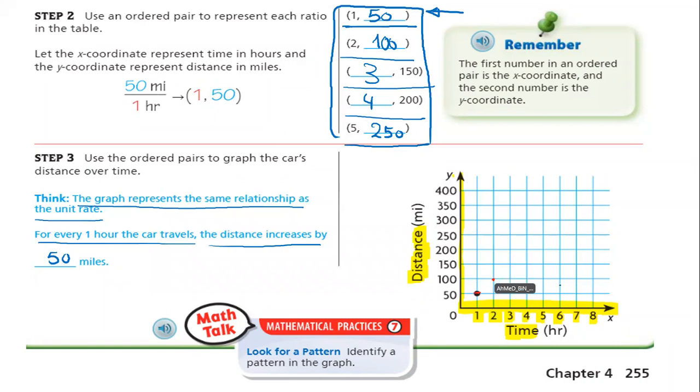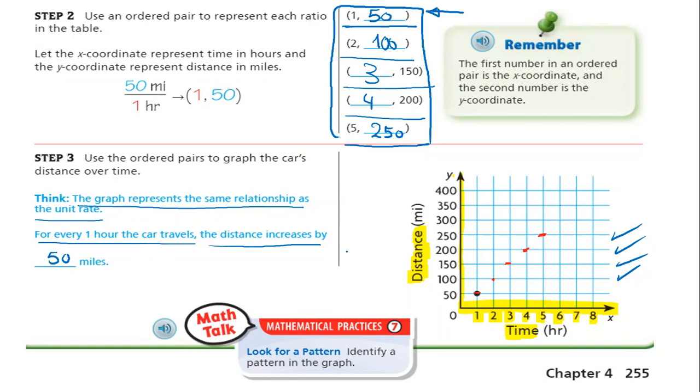Excellent. This point is right. 3. Here. Good job. 4. Here. So please, all of you guys, draw the graph in your book, on the page. That's right, Ahmed. Excellent graph. These are the correct points.